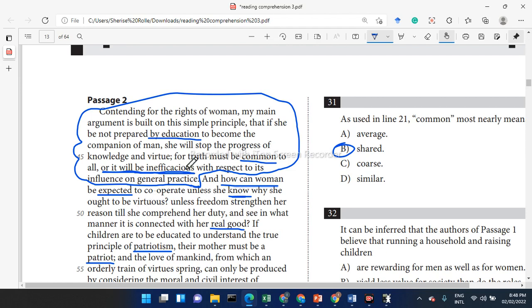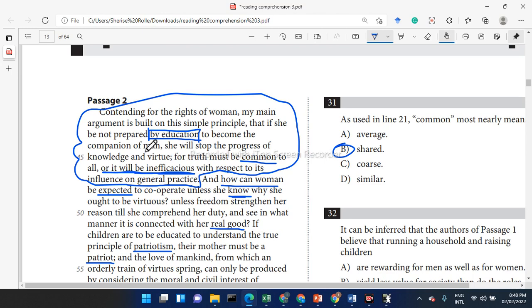And for truth to be common to all, if she be not prepared by education to become the companion of man, she will stop the progress of knowledge.